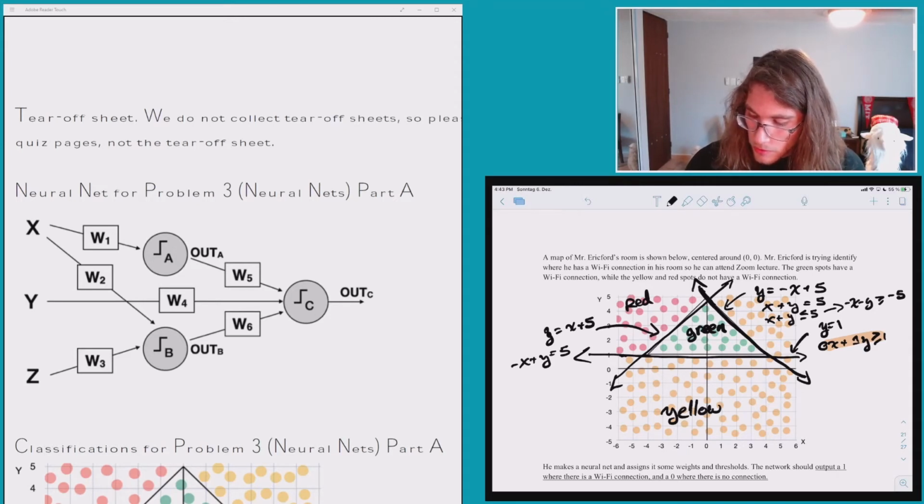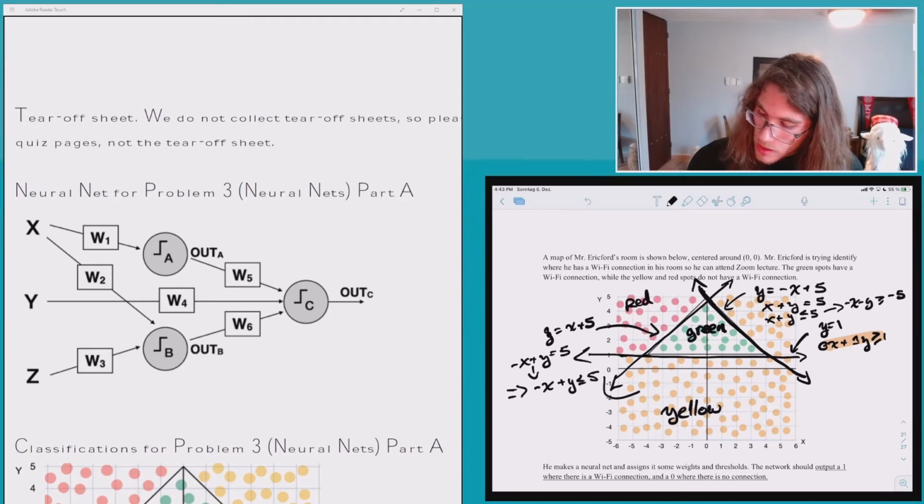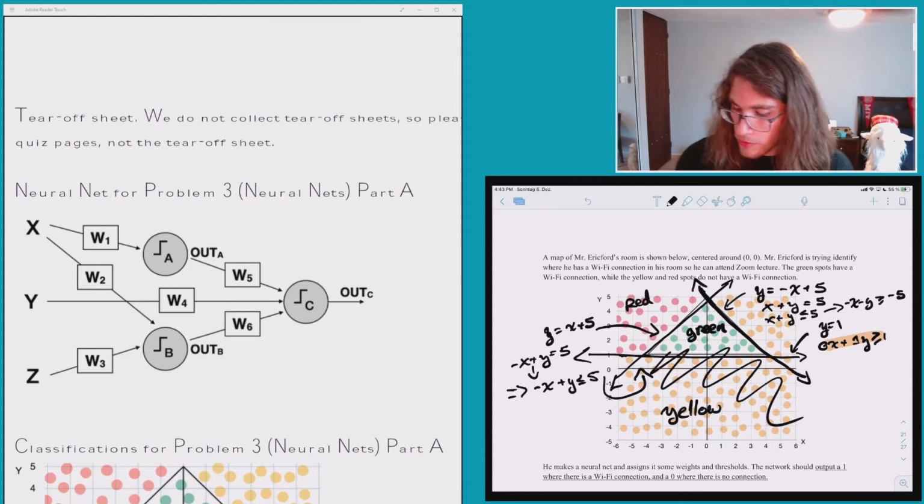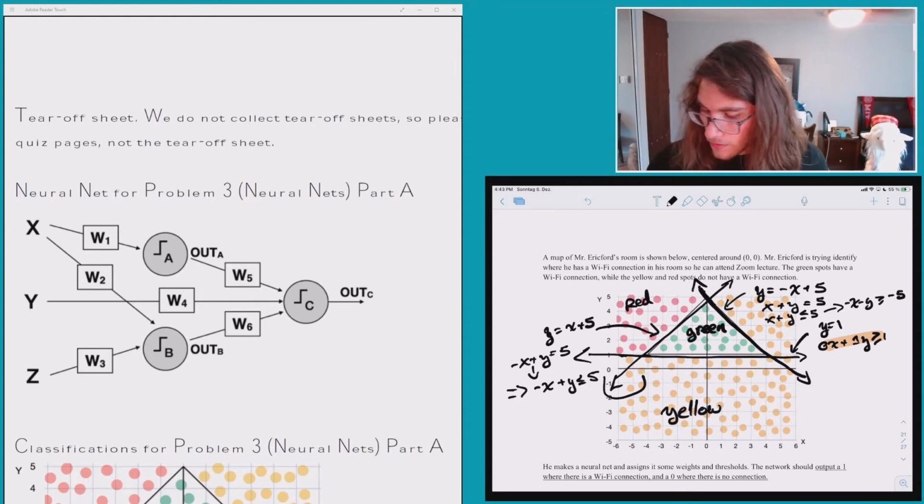If I were to make it greater than or equal to 5, the process would be: this turns into -x plus y is less than or equal to 5, and that corresponds to being below this line. So we want the sum of -x and y to fall in this area. That's what the equation less than or equal to 5 is saying.